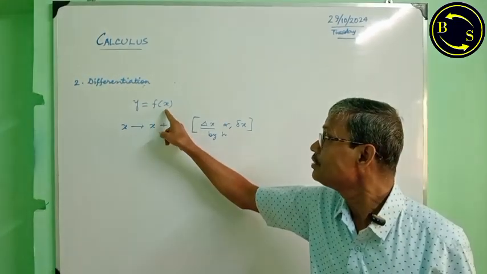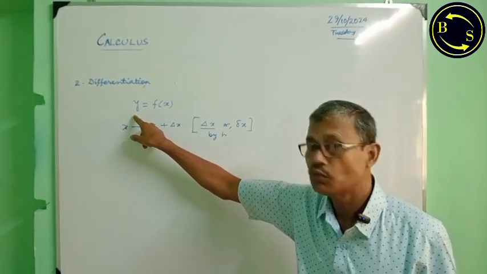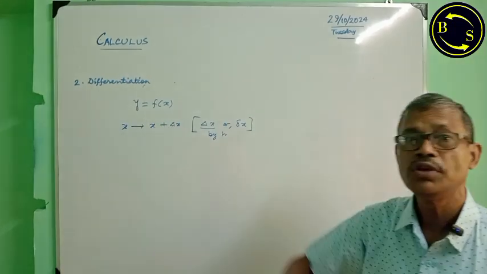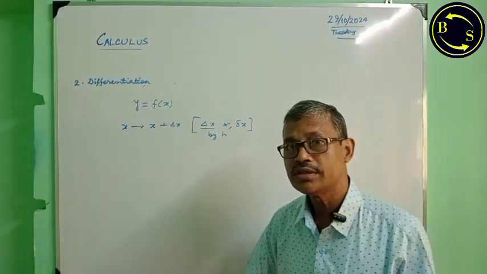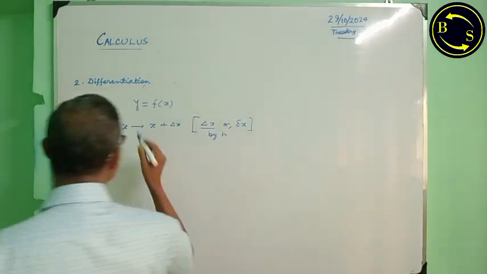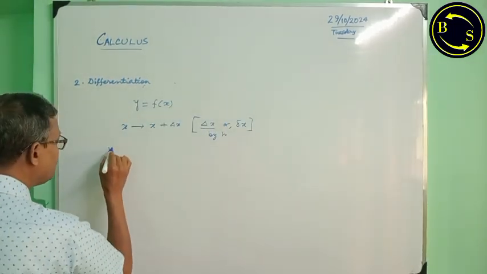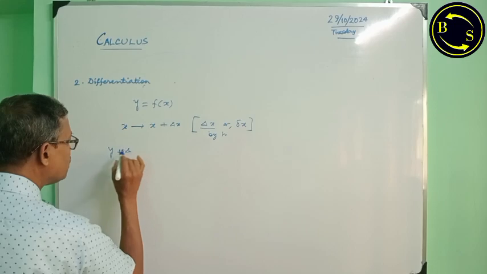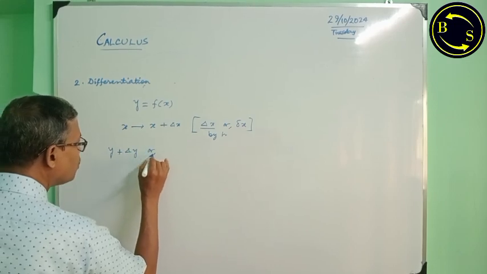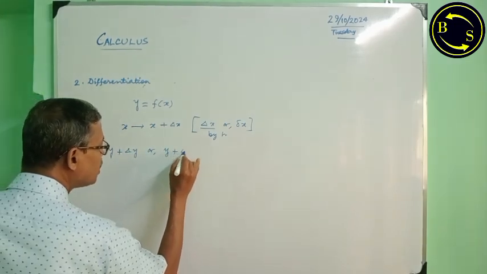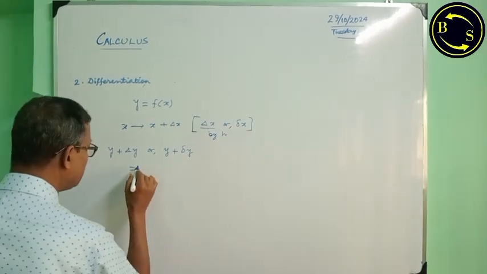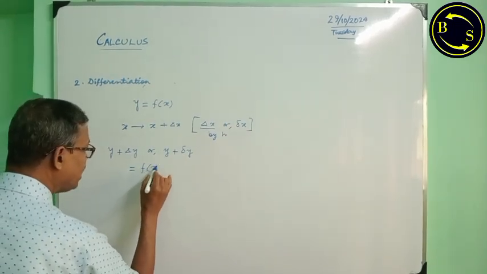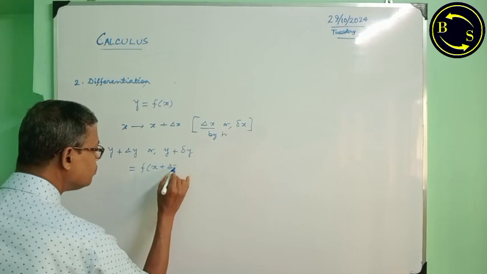Since x is connected with y by y equal to f(x), therefore y will also change, and say the changed value of y is y plus delta y, that will be f of x plus delta x.